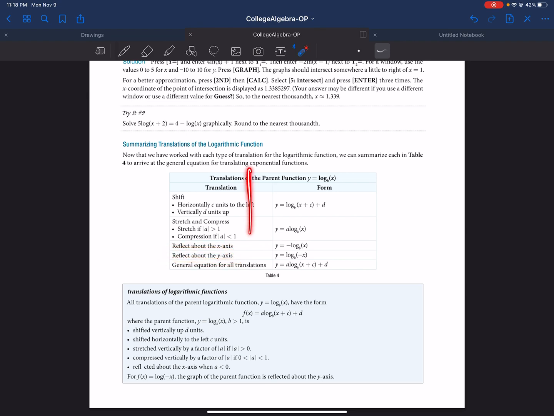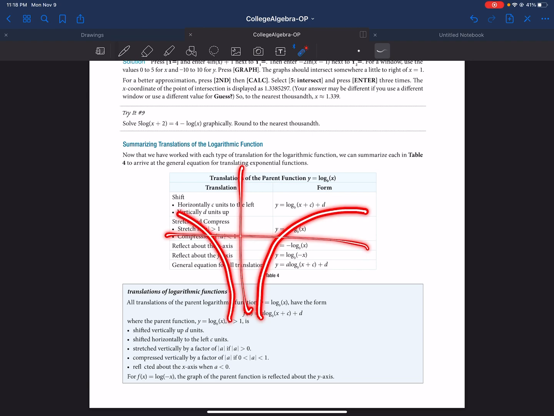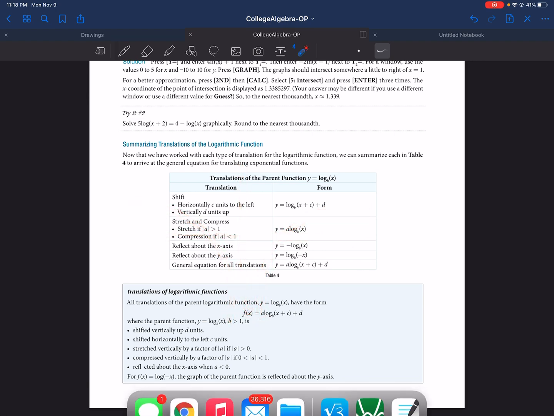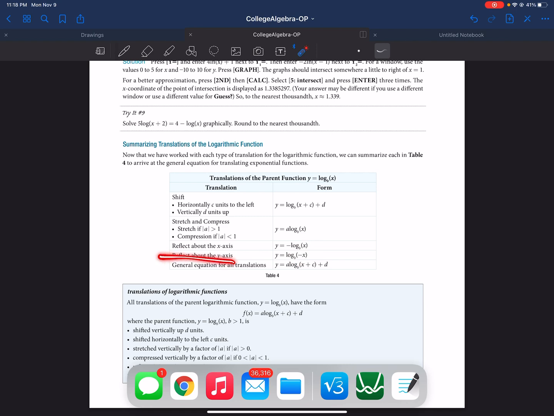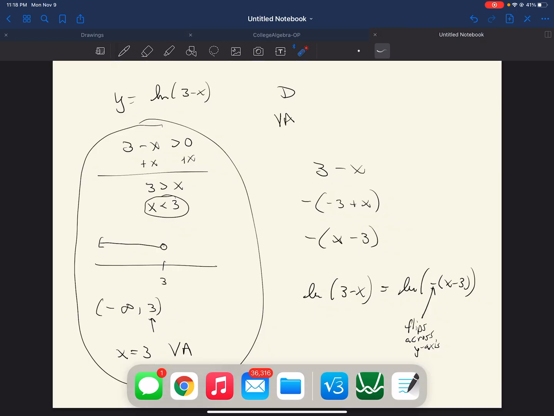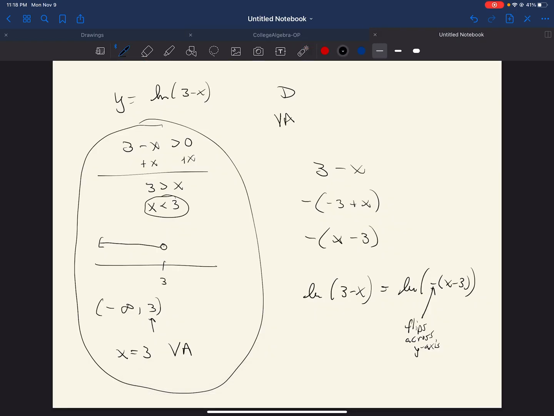And I showed you that a root function goes like that, or it flips like that. A log function normally goes like that. It'll flip, and it will look like that. And so a negative in front of the x flips it across the y-axis. And then what does the minus 3 do? Well, the minus 3 makes it go right 3.